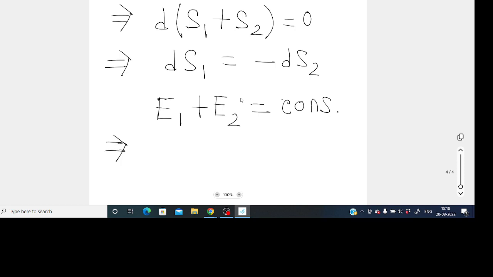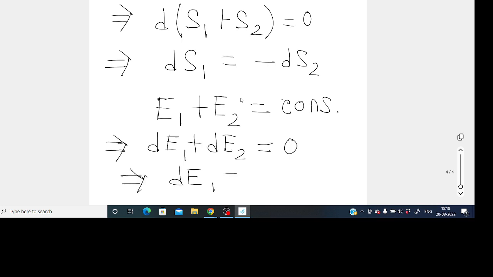As you know, the differentiation of a constant is 0. So on the right hand side we have 0, and on the left hand side we have dE1 plus dE2. So we have dE1 equal to minus dE2.